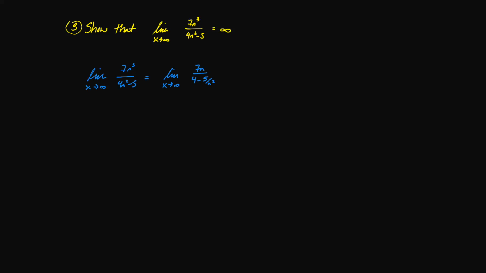So if I plug in positive infinity, I get 7 times infinity over 4 minus 5 over infinity squared. Remember, a very large number in the denominator makes this 0. So I'm left with 7 times infinity over 4, which is infinity. There's no changing the denominator, so we're just left with this being infinity.